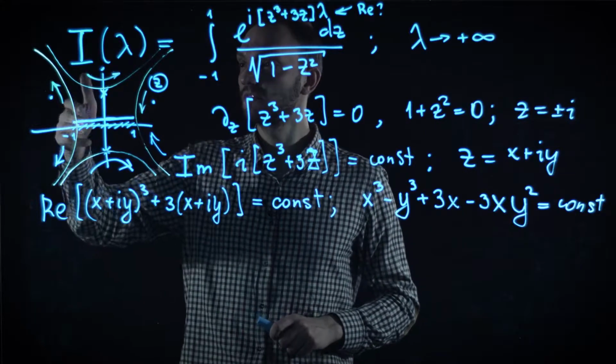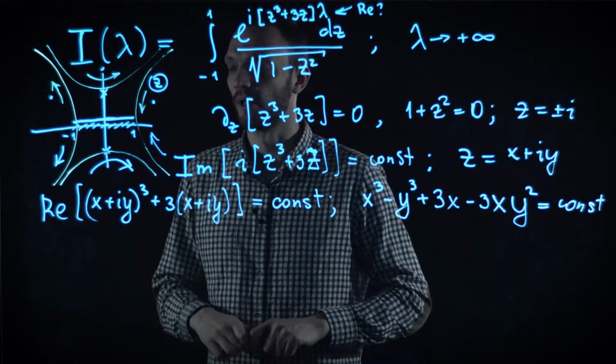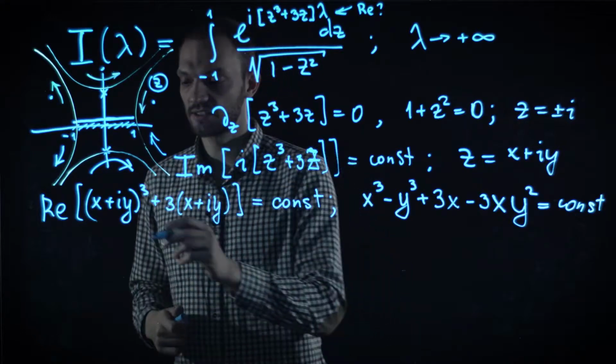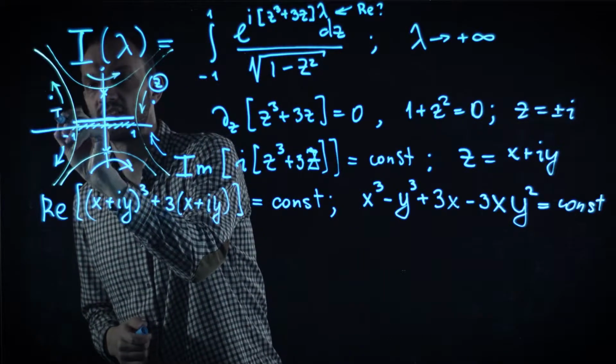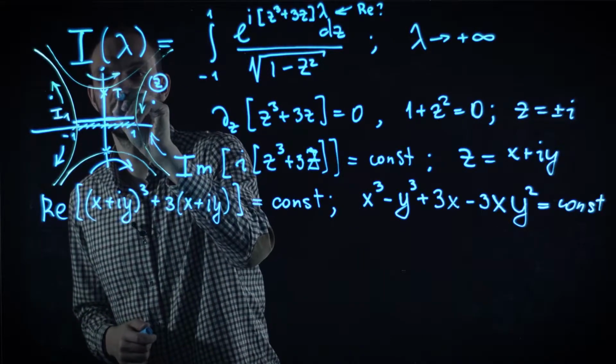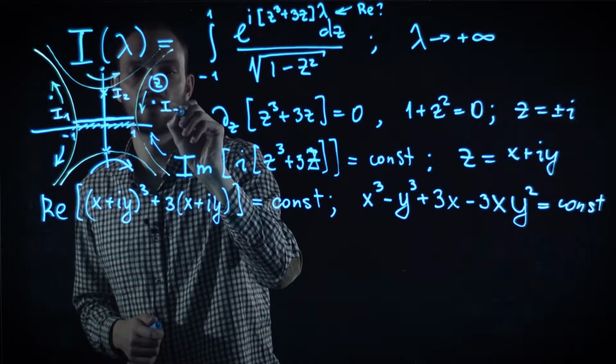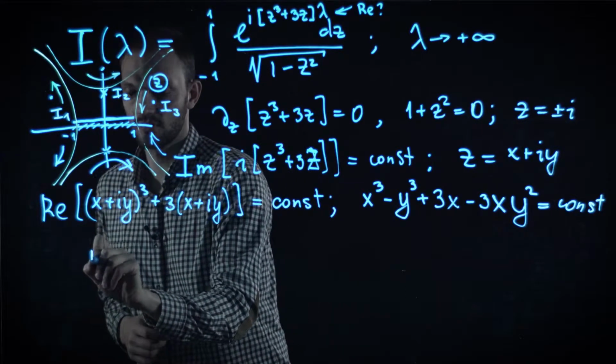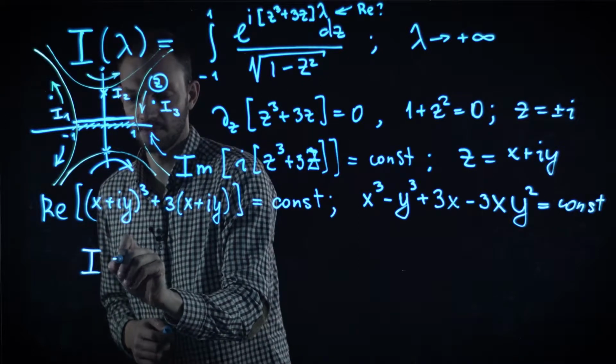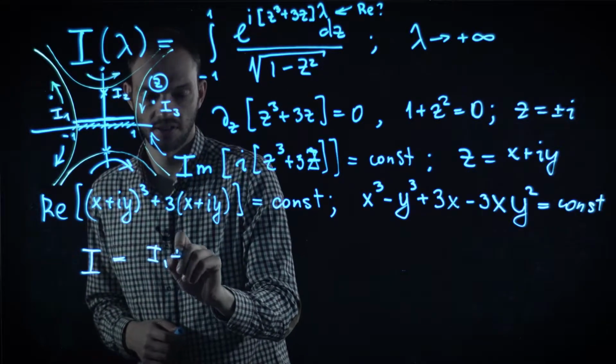But now we still have to estimate these integrals one by one. Let us call them, say, I1, I2, and I3. In principle, our original function I is now decomposed into three contributions.